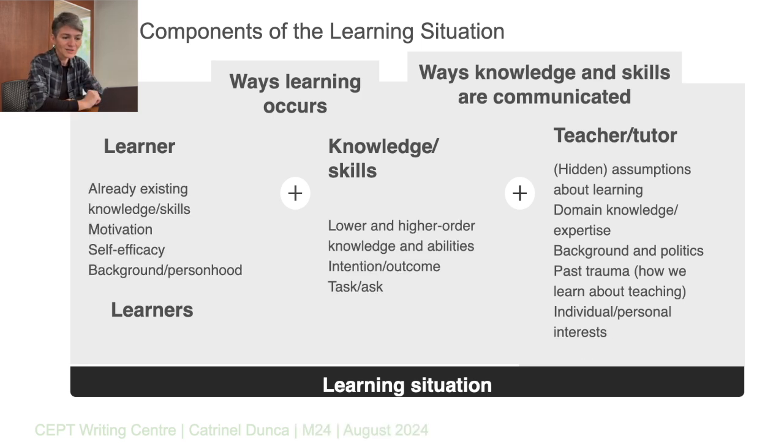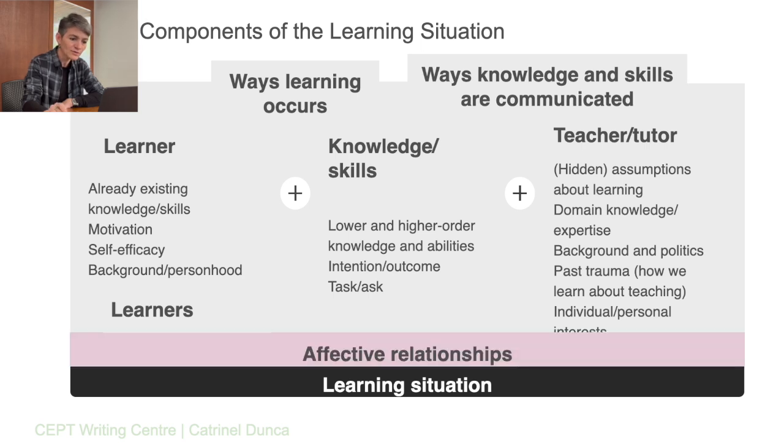So the learning situation is not as simple as we might think it is. It's not just knowledge, but it's all these very things that we've been talking about. And to make things even more complicated, it is also a question of all the affective relationships that we build among us in personal interaction, in the very physical space in which our class is taking place, in whether there is a dog coming into the classroom or not, in whether the space feels safe for whatever the reasons might be.